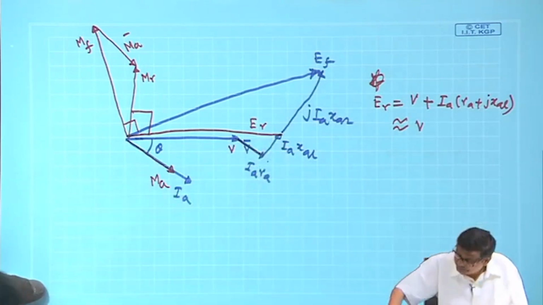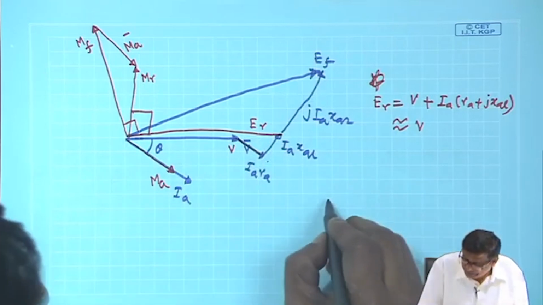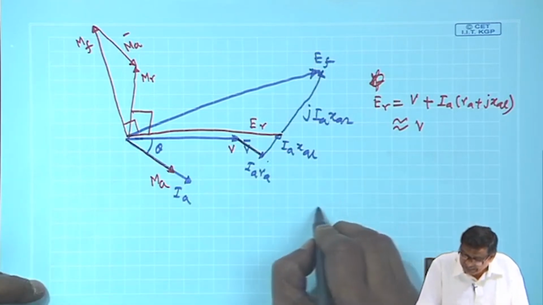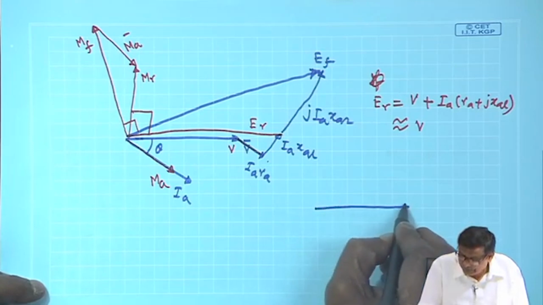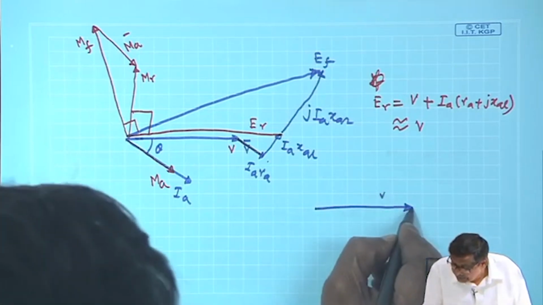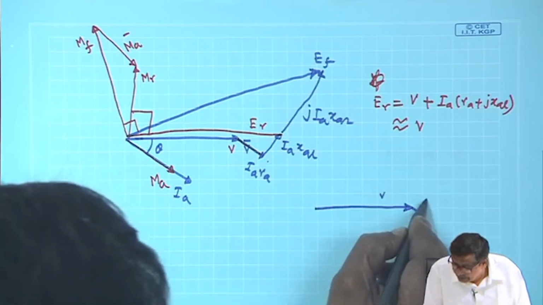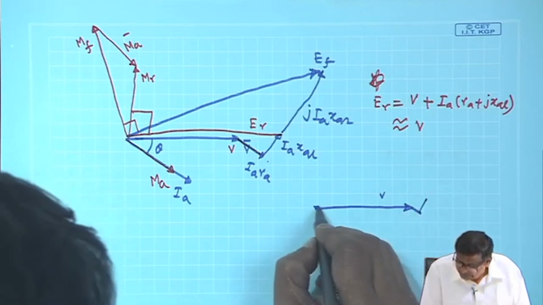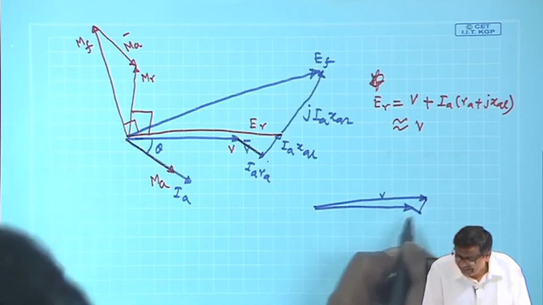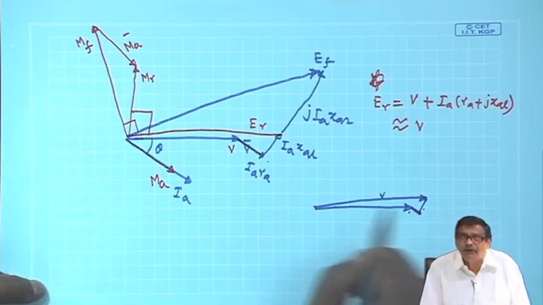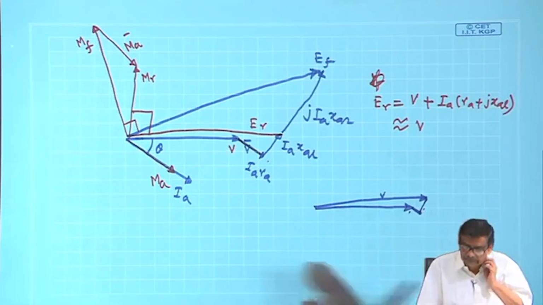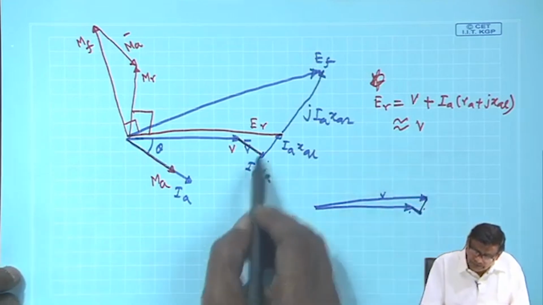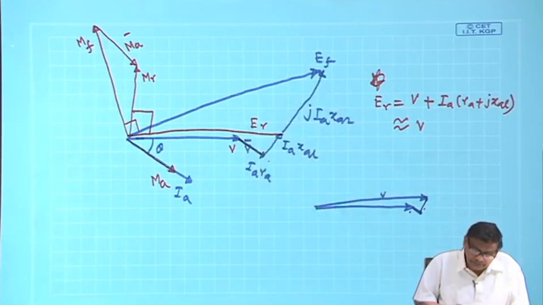If I try to draw something somewhat realistic, it should be like this: suppose this length is V, this will be IA RA, this will be IA XL. Are you getting? And this is your ER. So, these two are very small, sometimes they are neglected, do not bother. Anyway, this is the complete phasor diagram.